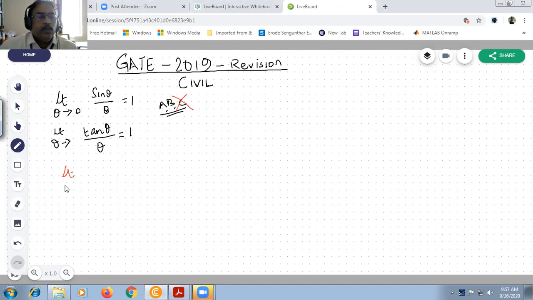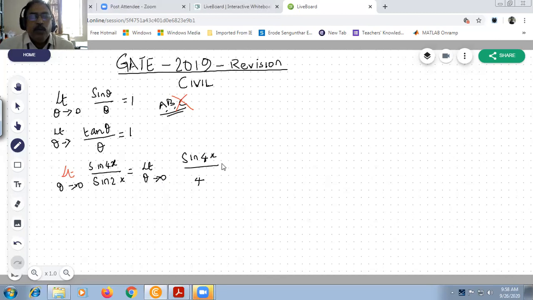The limit as x tends to 0 of sin 4x by sin 2x can be very well written by multiplying and dividing: sin 4x by 4 into 4, divided by sin 2x by 2 into 2. So the limit can be taken in this way.